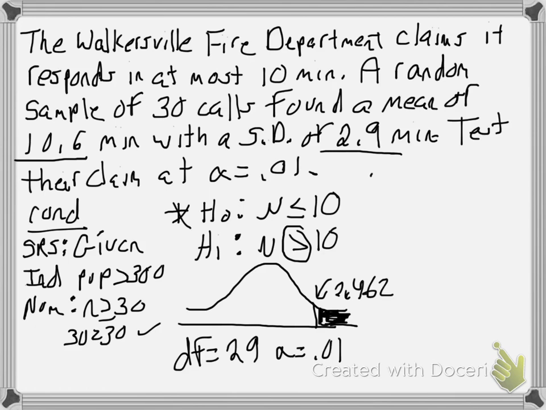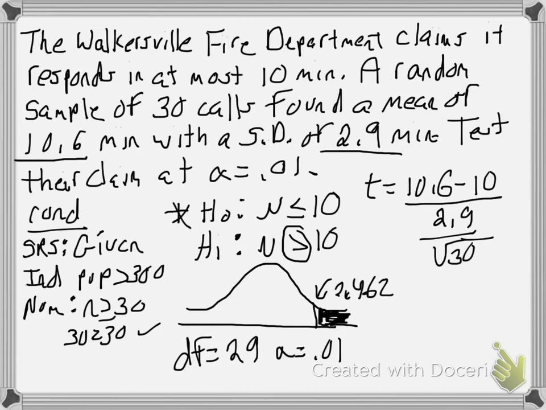T-test, exactly like the Z-test, observed. What was observed? 10.6 minus the expected of 10 divided by the standard deviation, which was 2.9, over the square root of 30. So we have a t-score of 1.13.